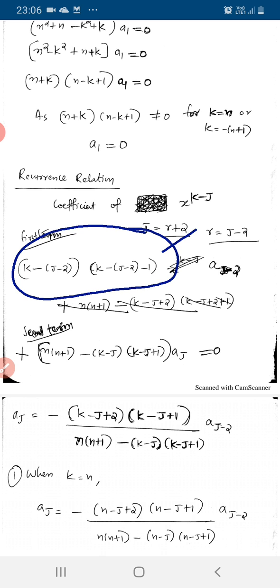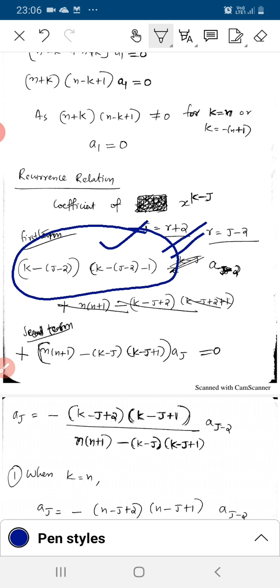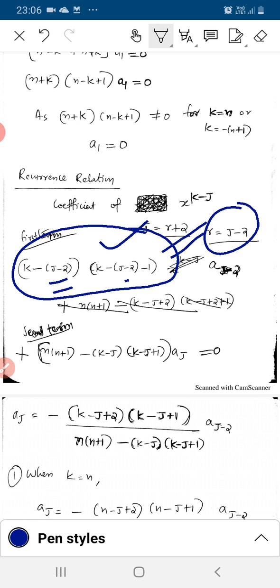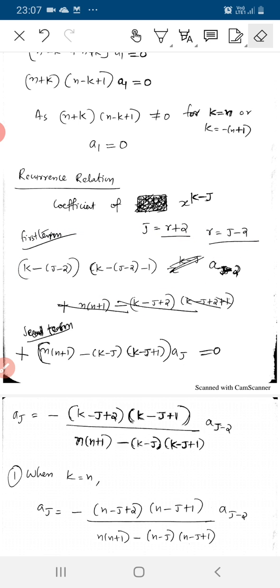We put j equal to r plus 2, so r will be j minus 2. So for r we are substituting this, and in the second term when we put r equal to j, we get this, and from that we can obtain this.